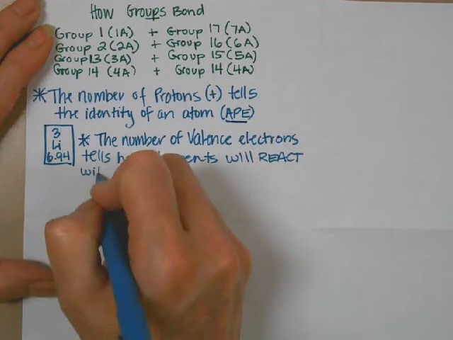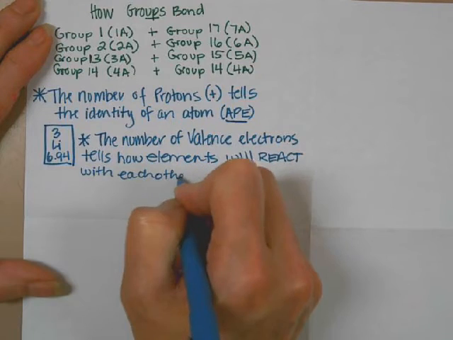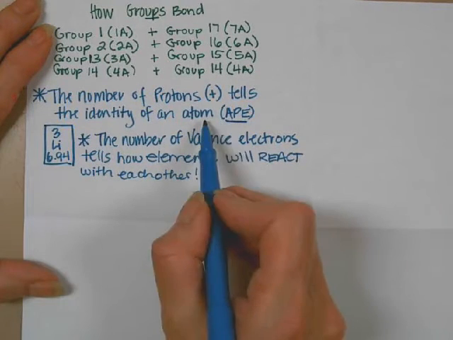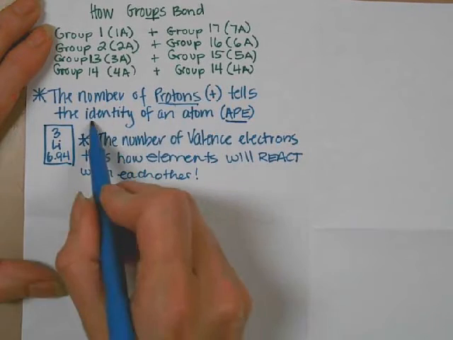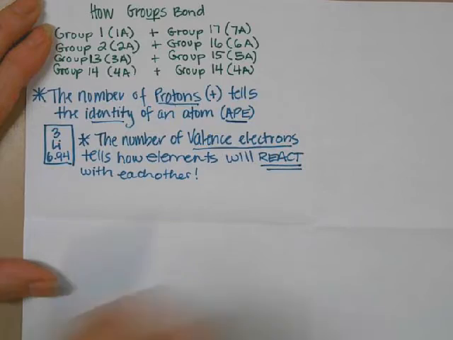So protons determine the identity, and valence electrons determine reactivity. Okay?